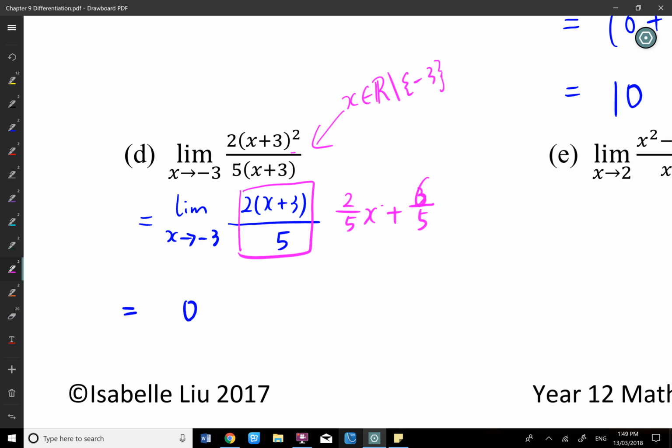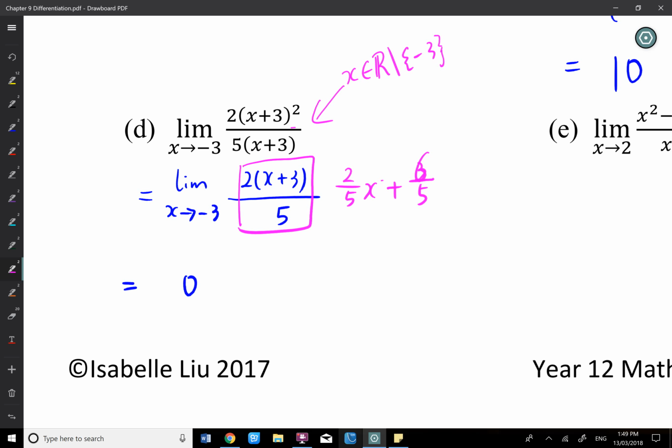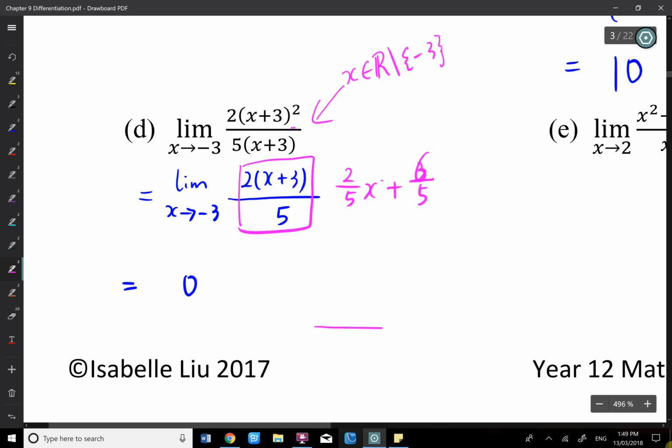The implied domain will be considered at the very beginning, not after you simplify it or do all this kind of things to it. You need to talk about the implied domain. We have a restriction on this question, which is R except -3. So when you sketch the graph of the top function, it is a linear function, but we will have an open circle at x equals -3.